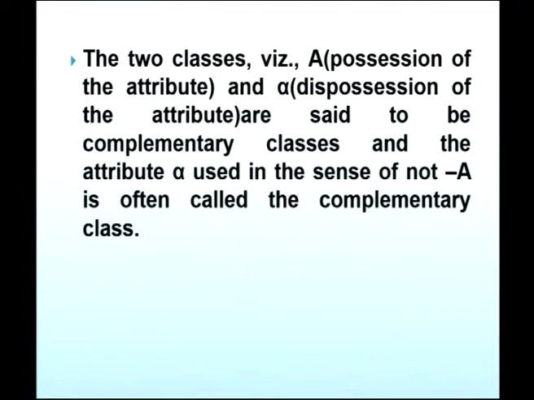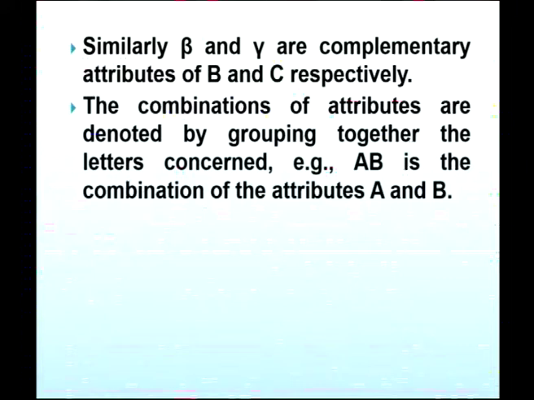The 2 classes, A, possession of the attribute, and alpha, non-possession of the attribute, are said to be complementary classes. So instead of mentioning A bar, we will be representing it as alpha for non-possession. The attribute alpha, used in the sense of not A, is often called the complementary class. Similarly, beta and gamma are complementary attributes of B and C respectively.